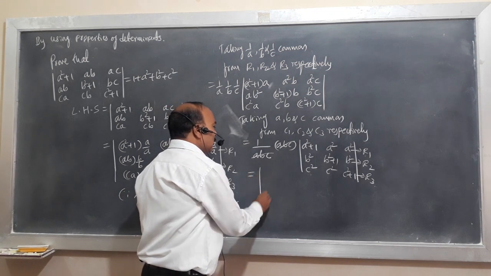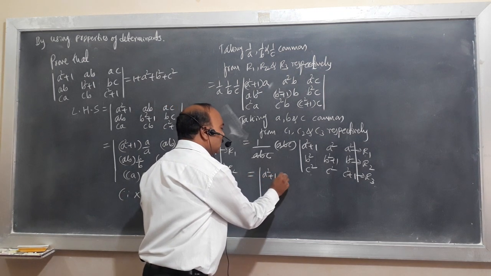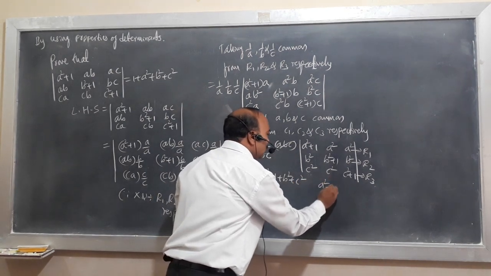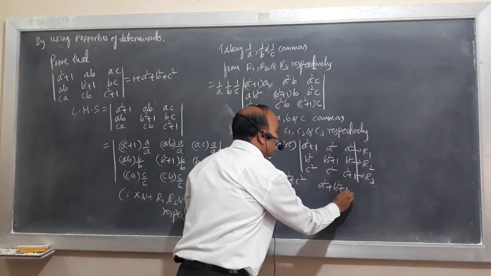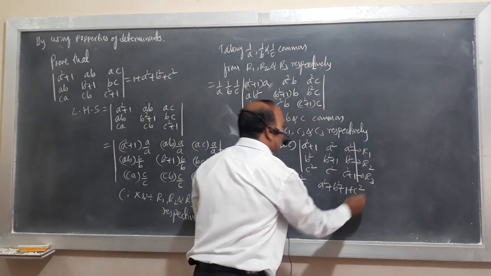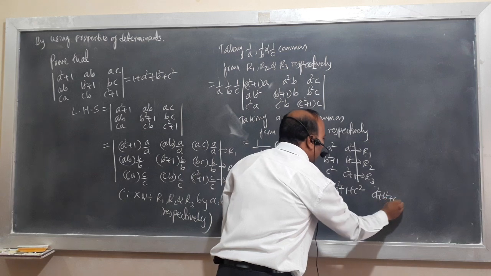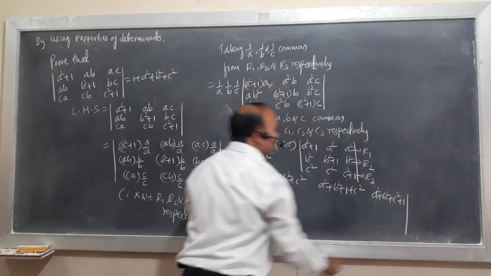Then we get a square plus 1 plus b square plus c square, a square plus b square plus 1 plus c square, a square plus b square plus c square plus 1.